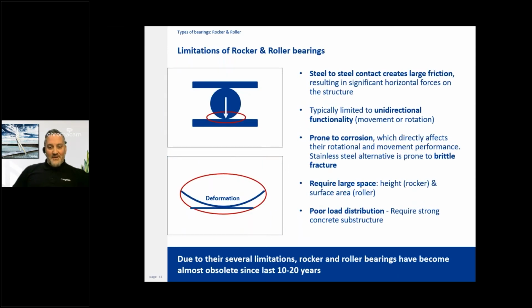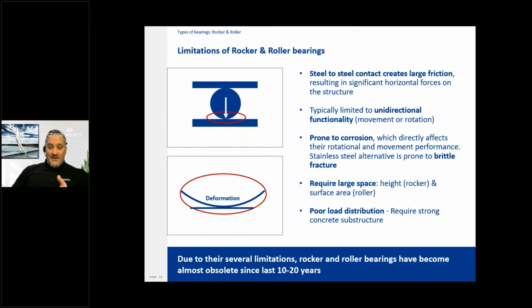In terms of their limitations, as you can guess, steel on steel is relatively high friction compared to other options. So in certain instances, this may not be favorable, but like I said, it's really application based. There are times where a rocker bearing really does outperform most other bearings. It just really depends on what the situation is.